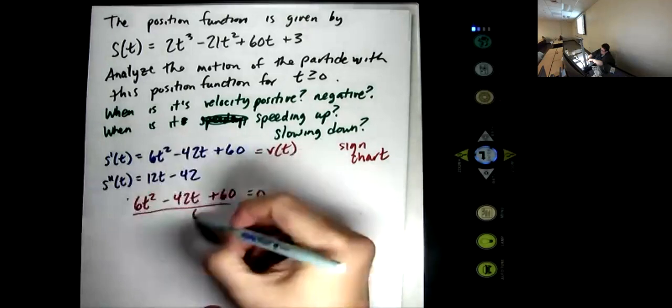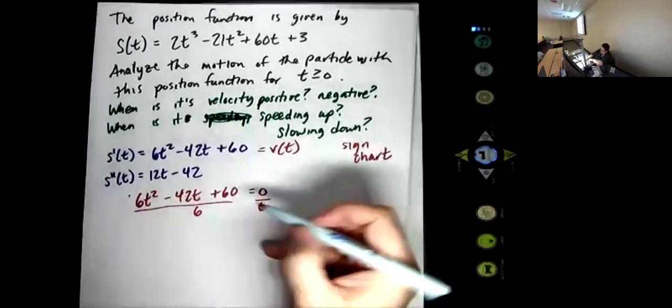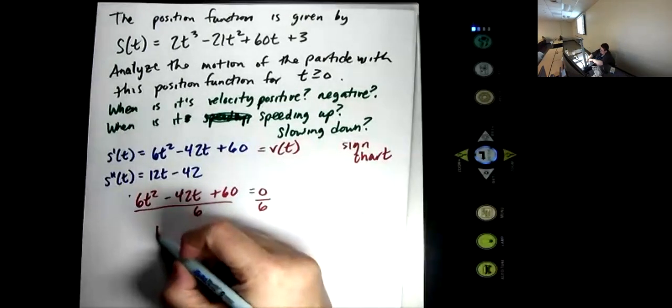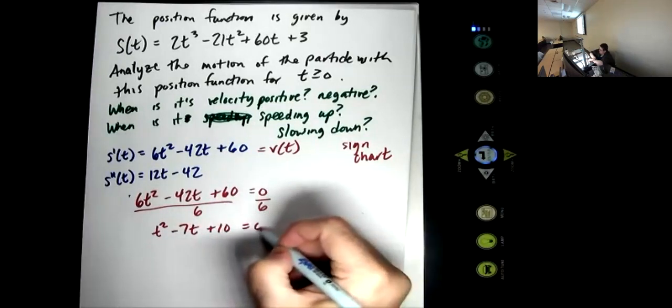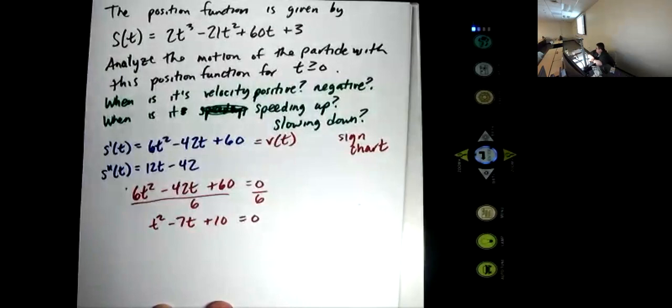So let's make our algebra a little bit easier, divide by 6. We get t squared minus 7t plus 10 equals 0. You could have done it without dividing by 6, but at that point, I'm looking at quadratic formula.